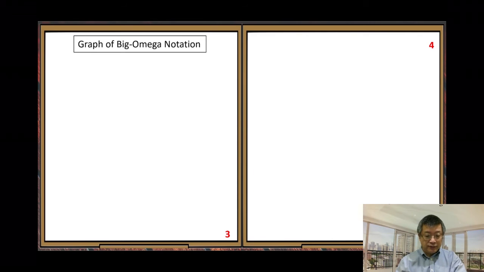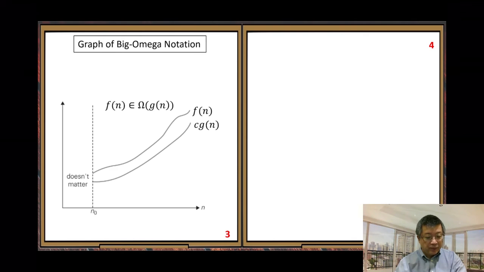Next, the graph of big omega notation. Here you can see c multiple of g of n is used to approximate the function from the lower side of f of n function.